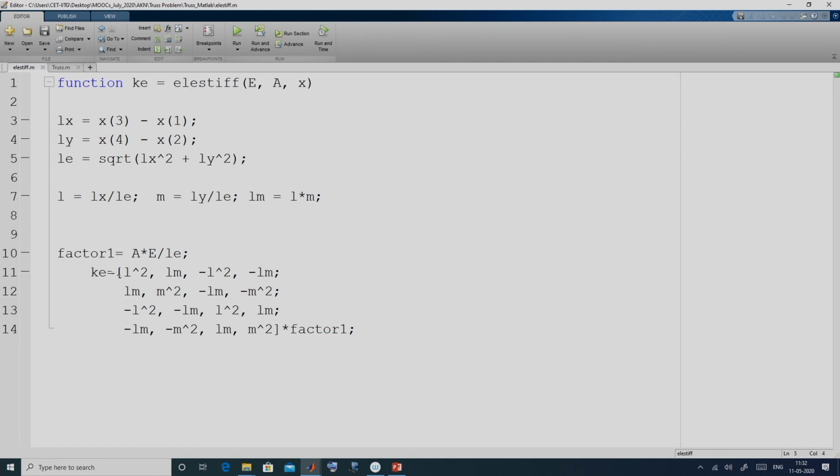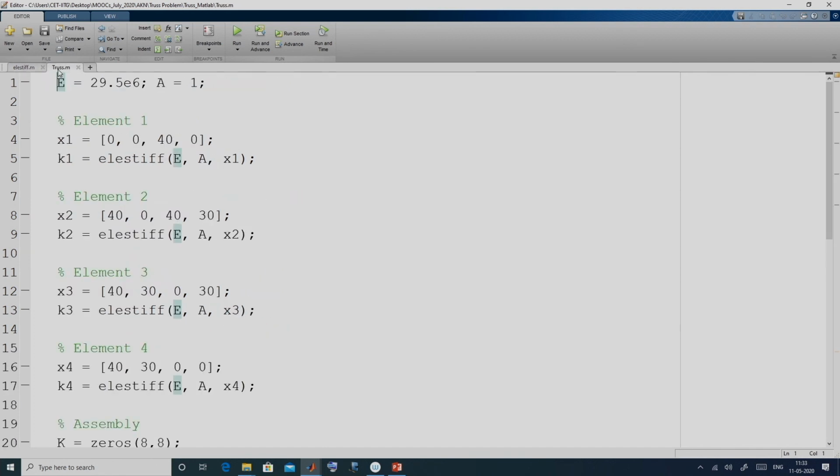So, we write the same expression here, and this Ke is the output of this function, which is the element stiffness matrix for that element. Now, we see our main MATLAB program.